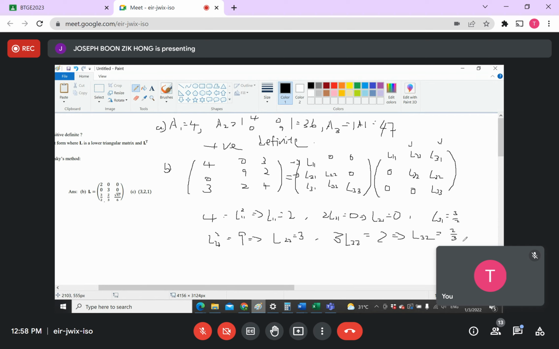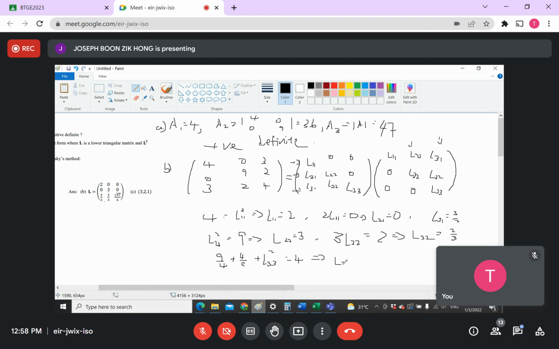Now I want to get the L33. I take the third row times the third column. L31 square plus L32 square plus L33 square. So L31 square, 3 over 2 square, is 9 over 4. L32 square is 4 over 9. Plus L33 square is equal to 4.